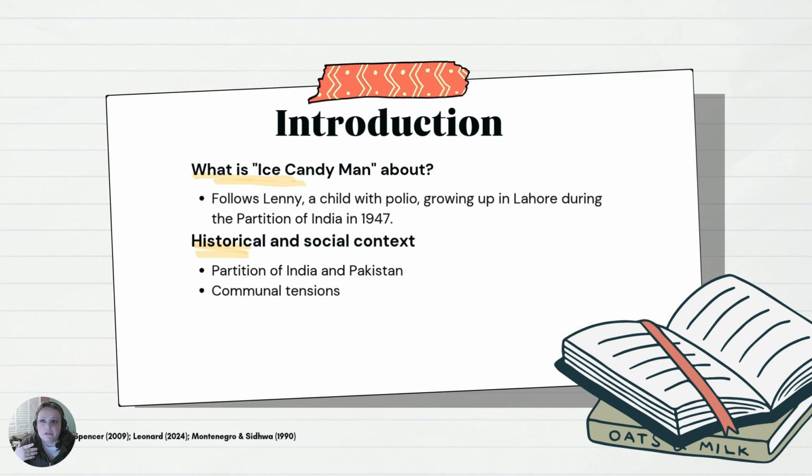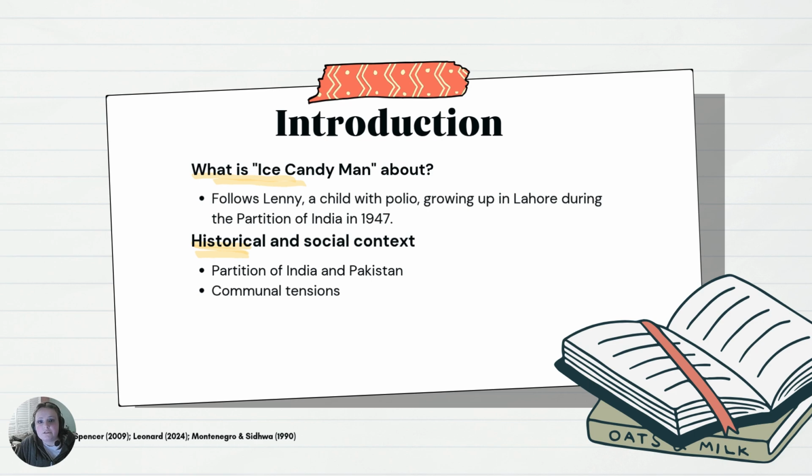It shows how horrific post-colonialism is to the minorities and people who are the victims of it. Lenny's observations throughout the novel provide a unique perspective on historical events, capturing the chaos of political and social disintegration through the innocence of a child's perspective.